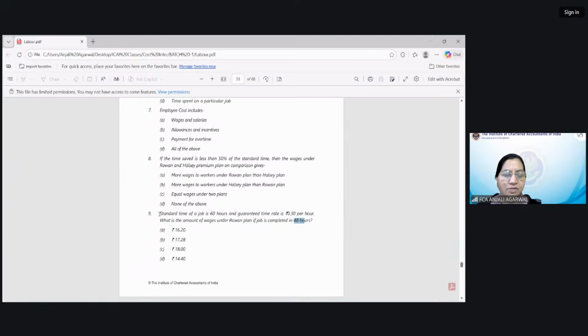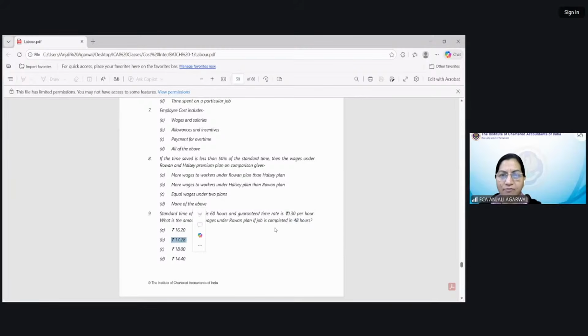So this question number 9 is kind of an example, a proof, of question number 8. In this example also, the time saved is less than 50% of the standard time. Then when you calculate the wages under the Rowan plan, how much are the wages? 17.28.